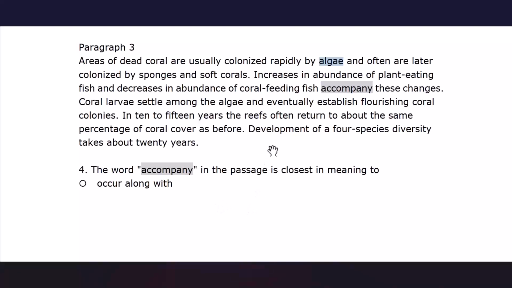Algae itself, as I mentioned earlier, is a plural word. Its singular form is alga, which is a Latin word.